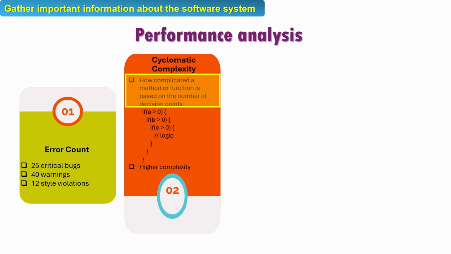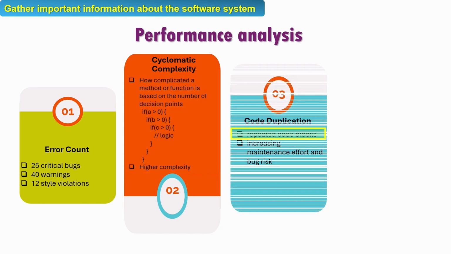Consider the following method. This method contains multiple nested conditions, increasing the complexity. So higher complexity usually means more difficult testing, greater probability of bugs, reduced readability, and eventually harder maintenance. Static analysis tools often warn developers when complexity exceeds the recommended limits, or you can say thresholds.